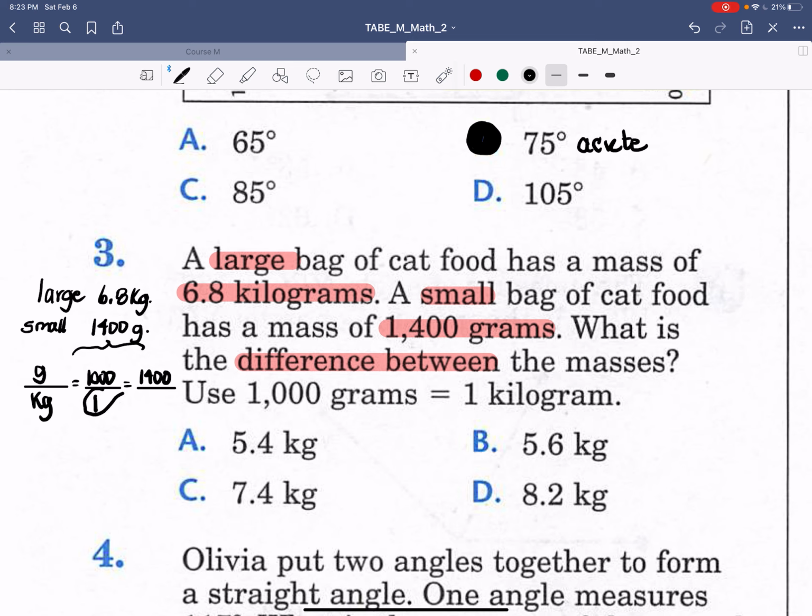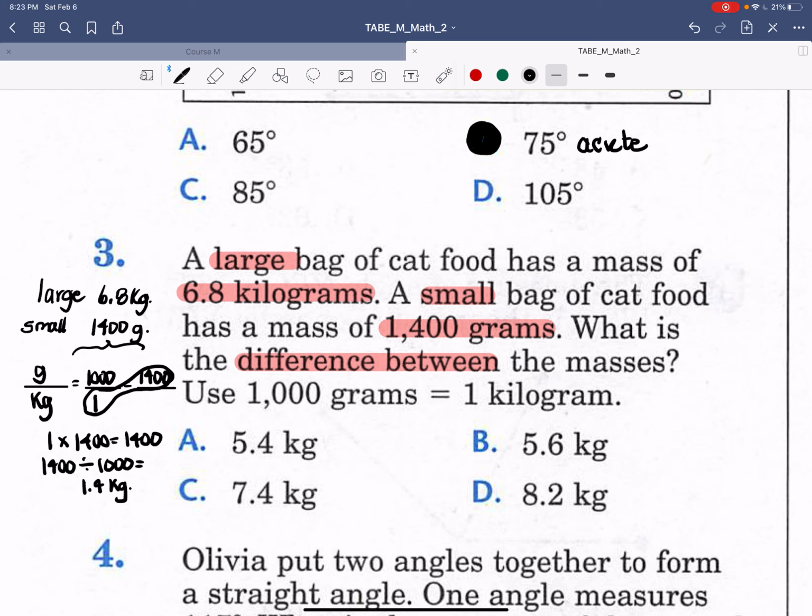So solve the proportion. 1 times 1,400 is, of course, 1,400. And then 1,400 divided by 1,000, use your calculator if you need it, is 1.4 kilograms.